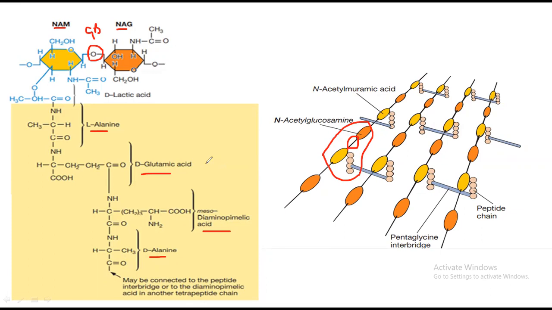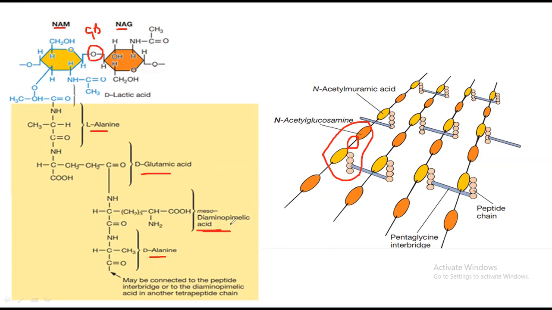One thing, keep this in mind: in gram-negative bacteria, this diaminopimelic acid is present, but in gram-positive bacteria, L-lysine is present instead of diaminopimelic acid. So keep this difference in your mind.